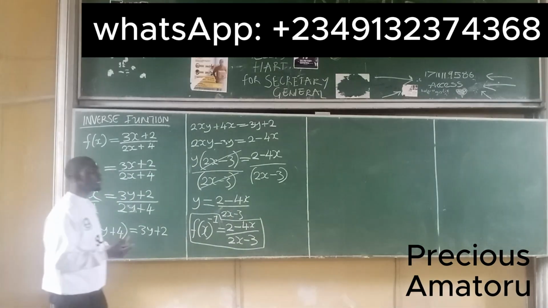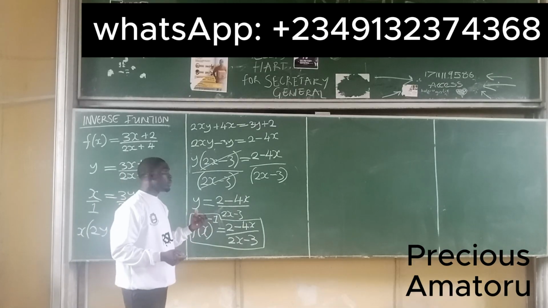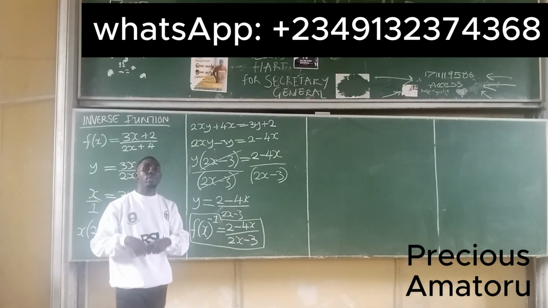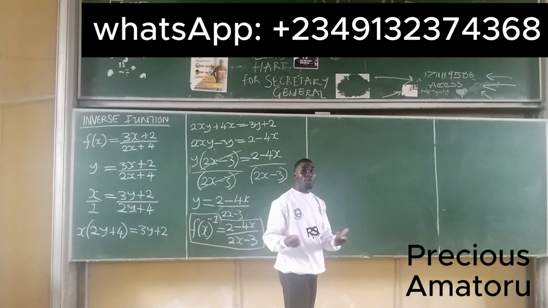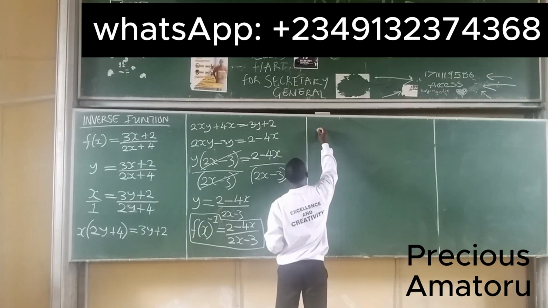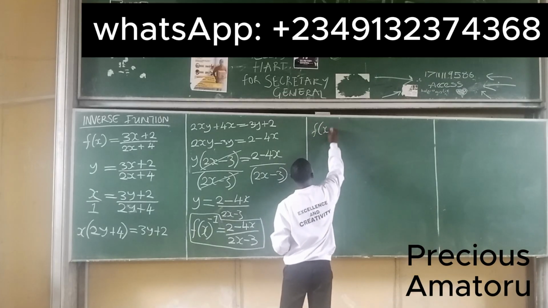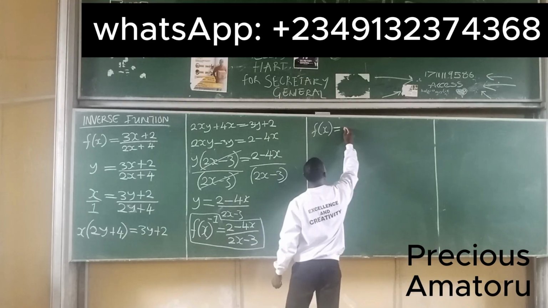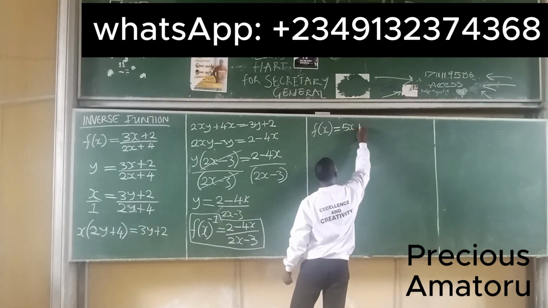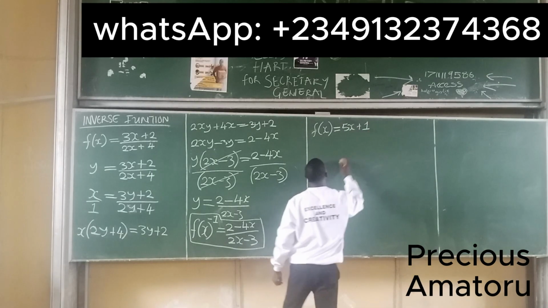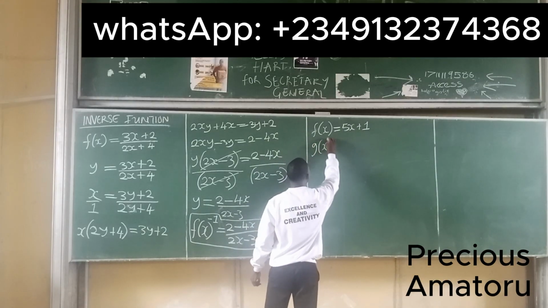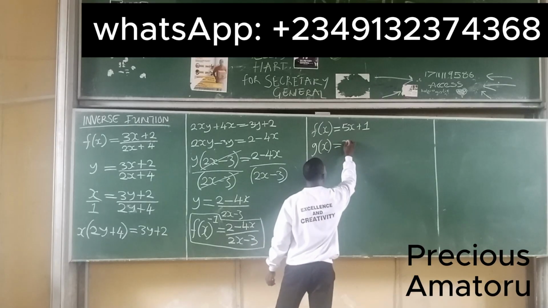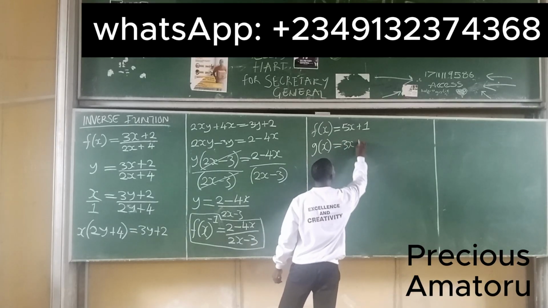Now let's see the function in a more complex form. Let's say we are given two functions, f of x equals 5x plus 1, and another function, g of x equals 3x plus, let's say, 2.